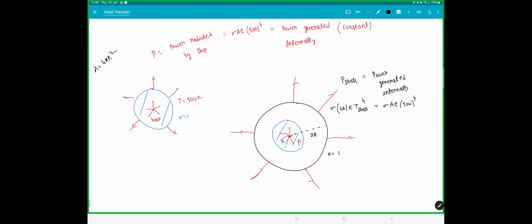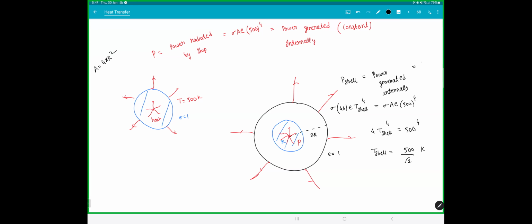Equate them, you end up with 4 times T shell power 4 is 500 power 4. So T shell will be 500 by root 2 Kelvin. There. That would be the temperature of the shell.